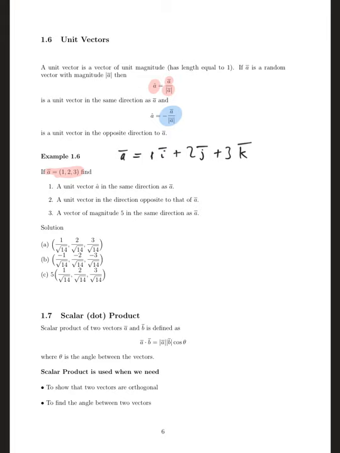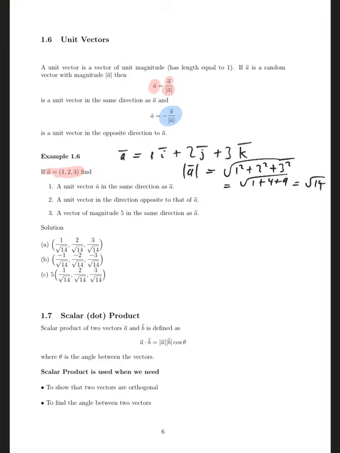So the first thing we're asked is to find a unit vector A hat in the same direction as A. So first we're going to need the magnitude of A, and that's just equal to the square root of 1 squared plus 2 squared plus 3 squared. It's equal to the square root of 1 plus 4 plus 9, which is the square root of 14.